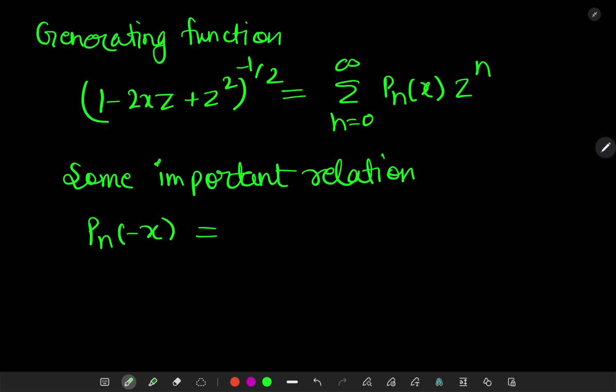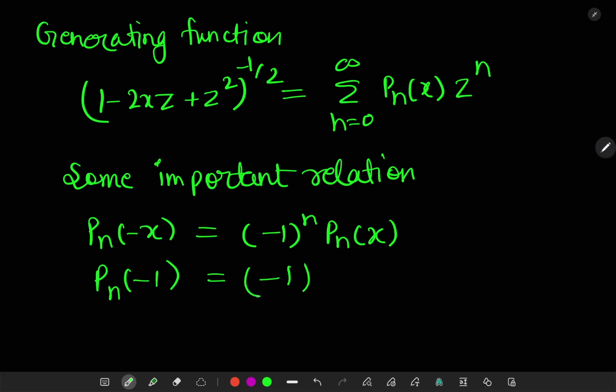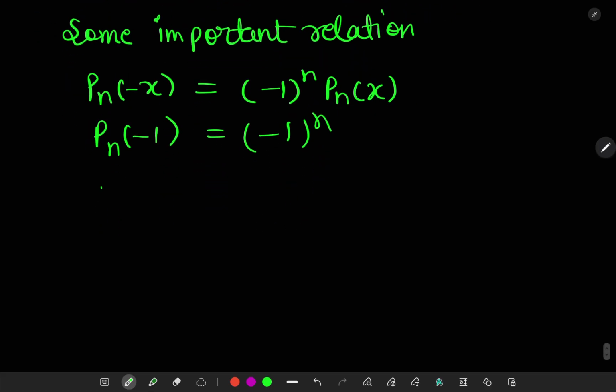Pn of minus x is equal to minus 1 raised to power n Pn x, or Pn of minus 1 is equal to minus 1 raised to power n. P dash n of minus x, and P dash n of 1 is equal to n into n plus 1 divided by 2.